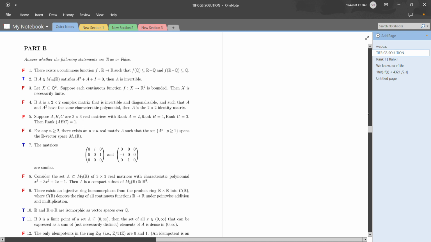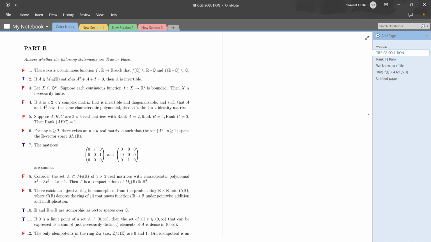Okay, now come to part B. There exists a continuous function f from R to R such that f of Q is contained in R minus Q, and f of R minus Q is contained in Q. See, Q is countable, that means f of Q is also countable, right?